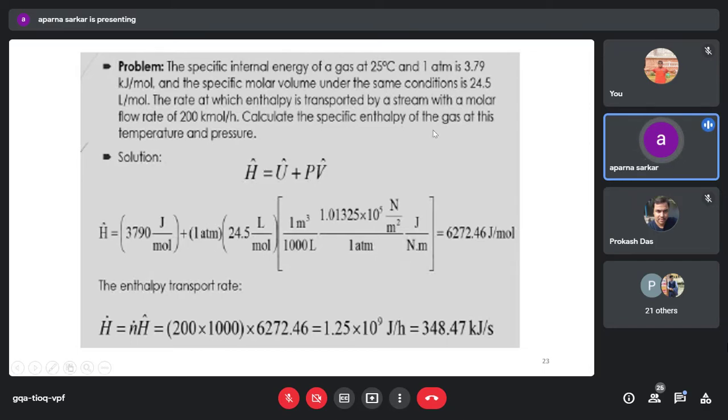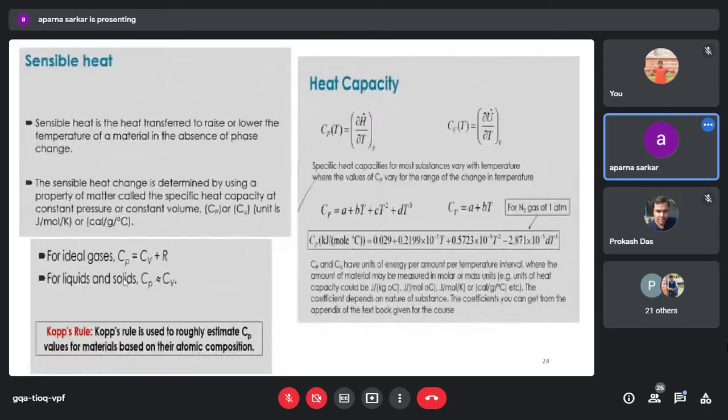Here the molar flow rate is given, that is 200 kilomole per hour, and we have joule per mole, so we need to convert kilomole into mole. Therefore H is equal to N, the flow rate of the system, times the specific enthalpy. This gives us the value of the enthalpy transport rate. Very simple numerical.